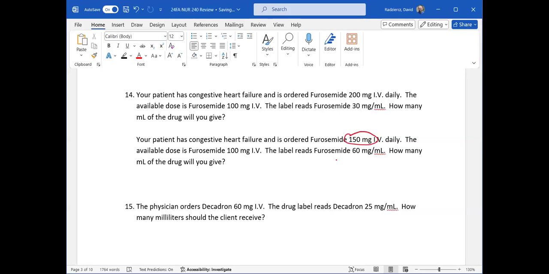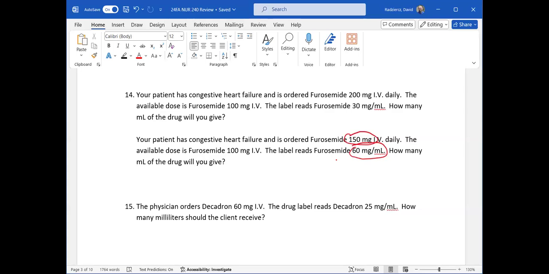When it tells you available dose furosemide 100, that doesn't really help me out. That just tells me what the total quantity is in a given vial. What I need to know is the concentration. So I need a way to compare milligrams to milliliters when I'm calculating milliliters for a particular injectable, and this is an IV solution.